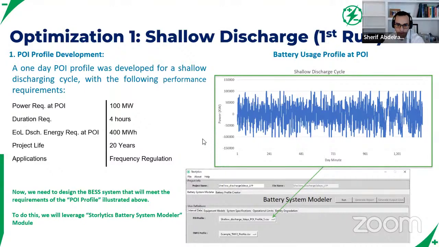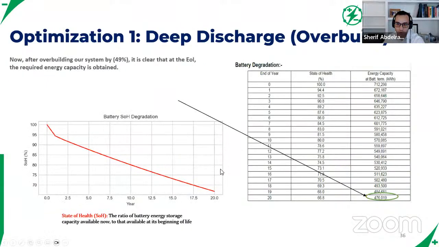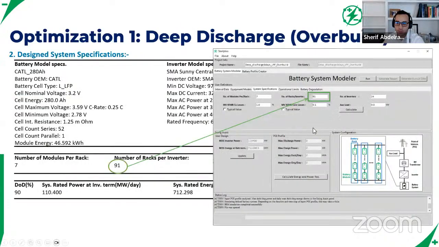So I think we alluded to this a bit earlier, but auxiliary load here we're assuming is 0. And for lithium systems, auxiliary load is mostly HVAC. I want to say probably 99.5% of auxiliary load is HVAC load for cooling and heating the battery cells.